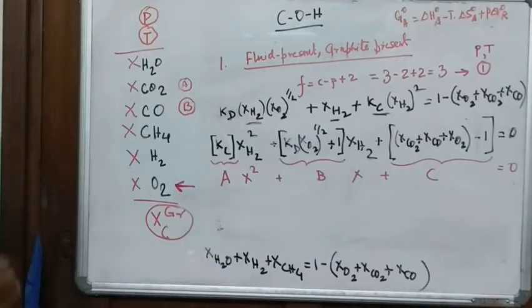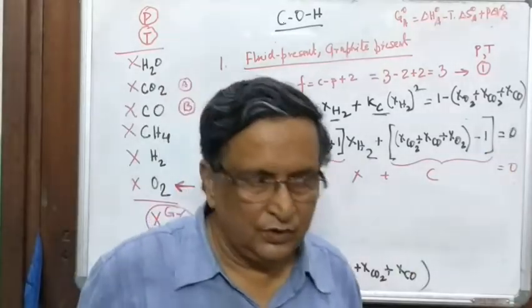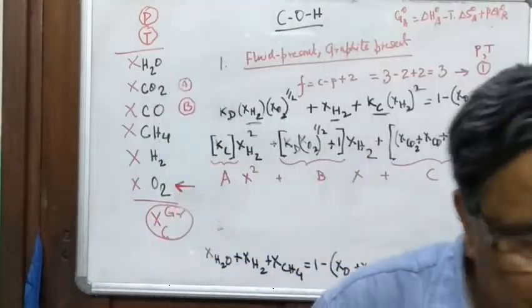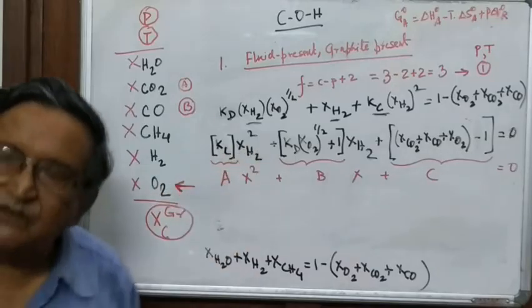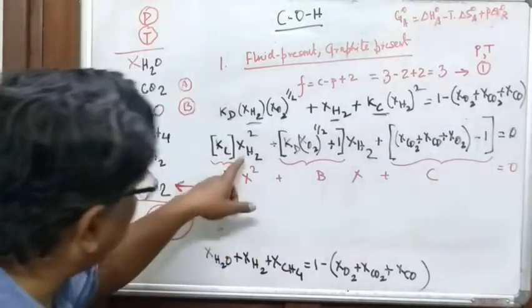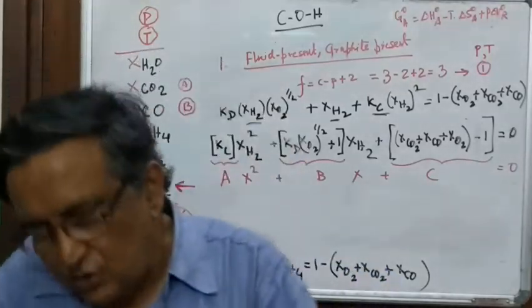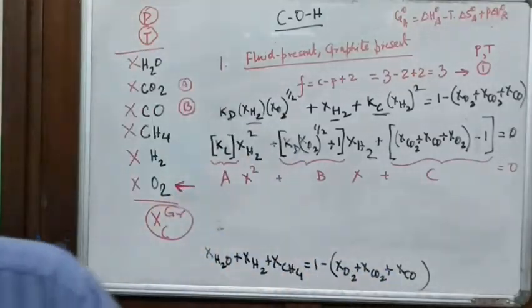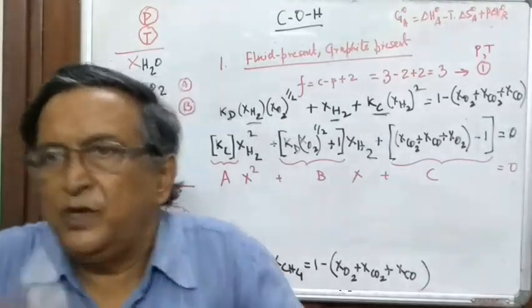If you solve this equation now, the unreal values cannot be the mole fraction values, because mole fraction values, XH2 for example, has to lie between 0 and 1, nowhere else. Any other value for XH2 is wrong.